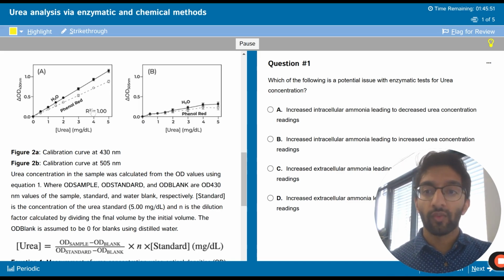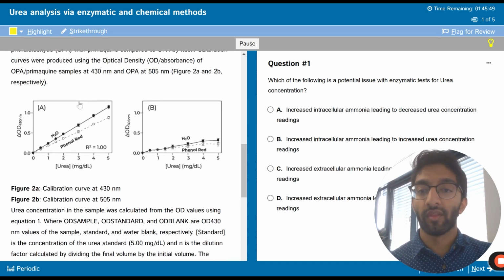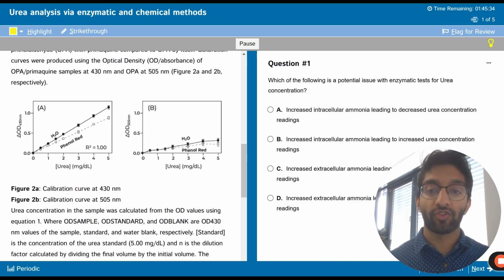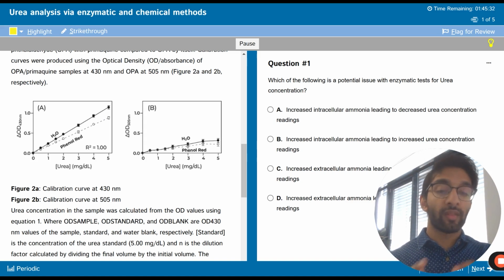So figure 2a, remember, this is the one with OPA and primaquine. And one thing when it comes to these figures, maybe just in general, is rather than taking the time to analyze everything, there's just a couple of things you should notice. And once again, try to get the bigger picture from it.